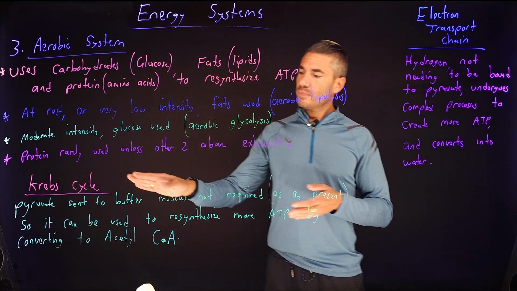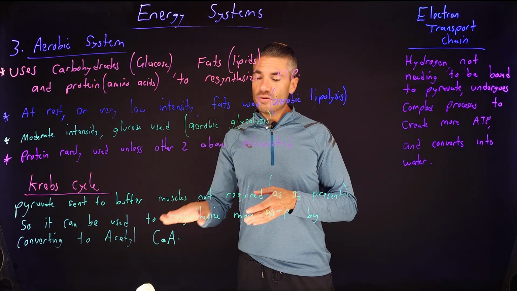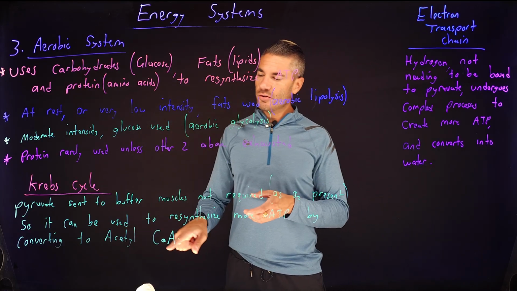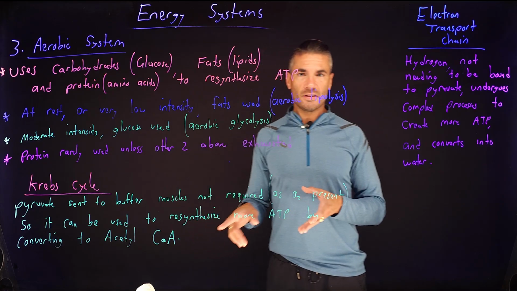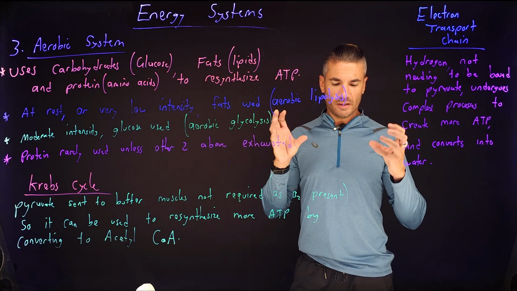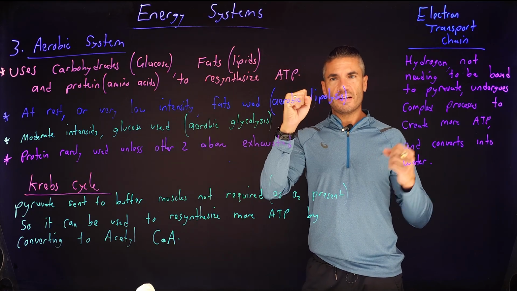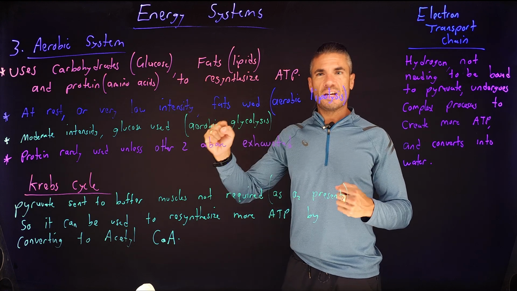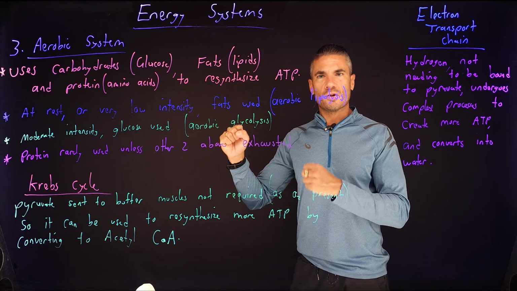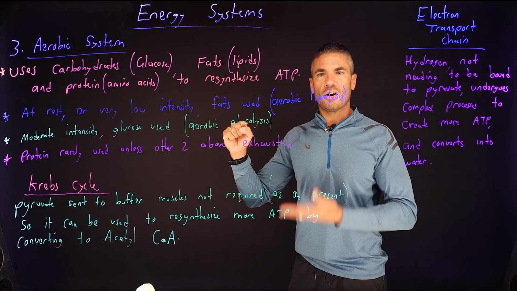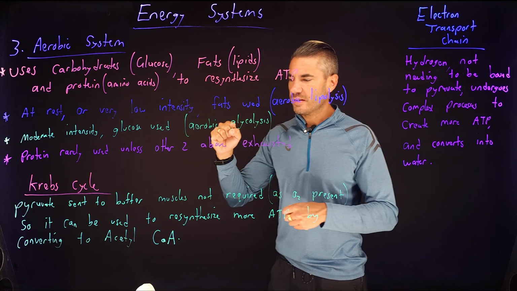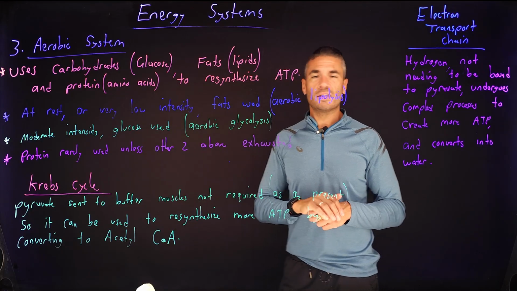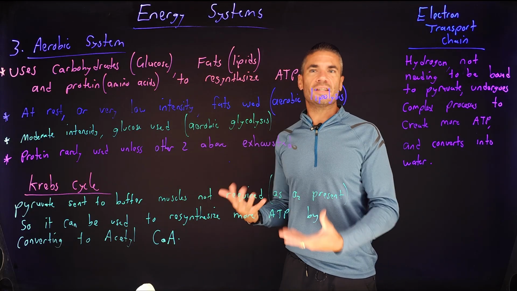So the pyruvate can be used to resynthesize more ATP by converting into a product called acetyl-CoA, all right? In the previous system, the pyruvate and the hydrogen got together and made lactate. Well, this time the pyruvate doesn't need to bond because the hydrogen is not being built up in the system. So the body goes, okay, I've got this pyruvate, I'm going to convert it into acetyl-CoA, and then I can make more ATP from that, right?